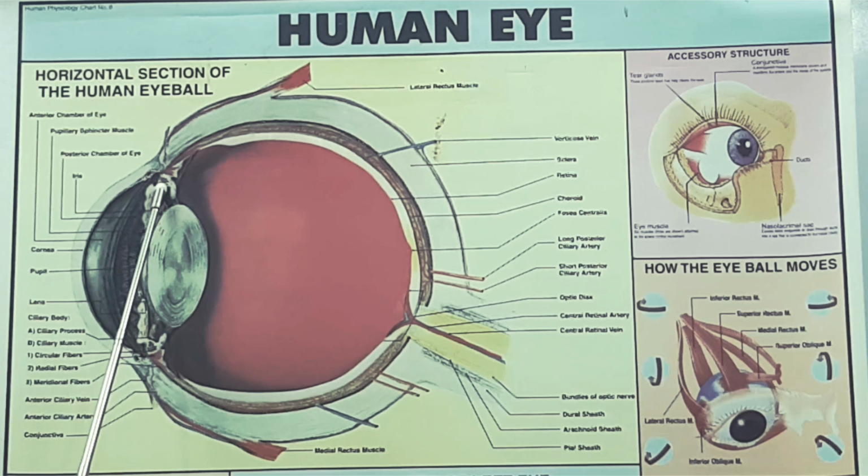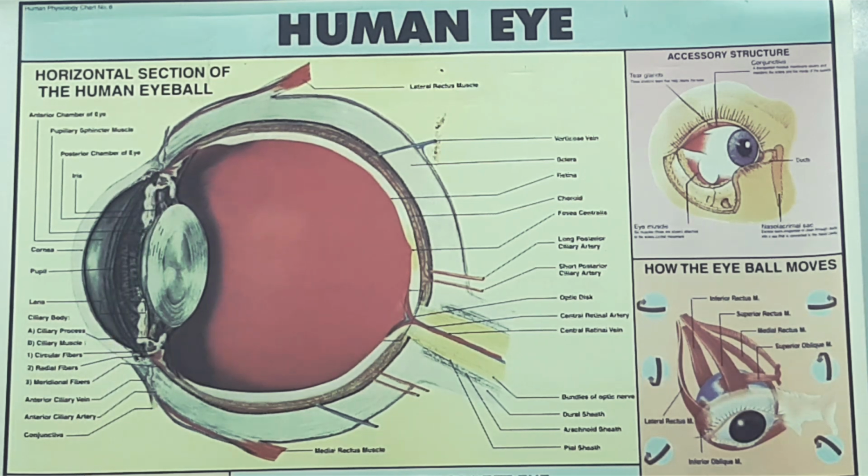The second part, the ciliary muscle. Here there are two different types of cells present, circular as well as rod shaped or elongated. Due to the contraction and relaxation of the ciliary muscle, the shape of the lens alters.